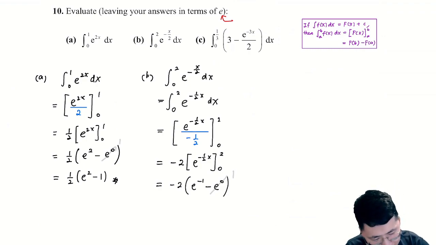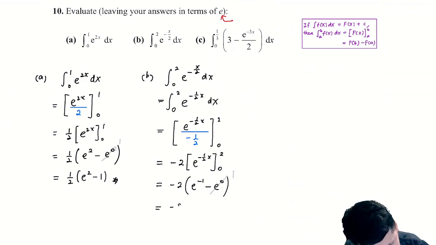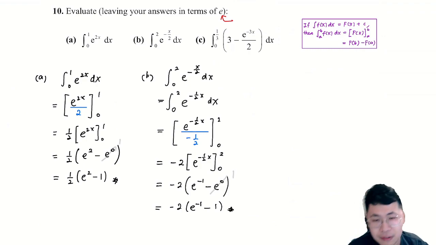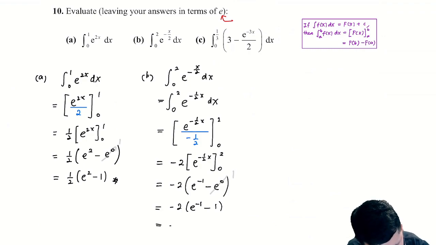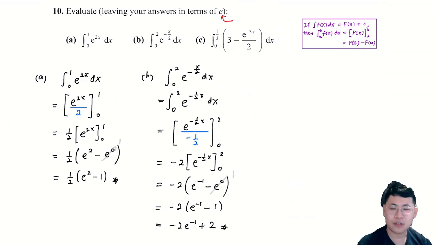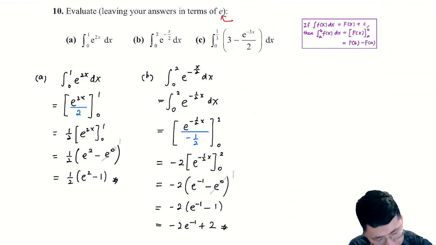So what we have as our answer is negative 2 of (e to the power negative 1 minus 1). Okay, and we can keep this like that, or if we really want, we can expand this to negative 2e to the power negative 1 plus 2. So this will be the answer for part B.